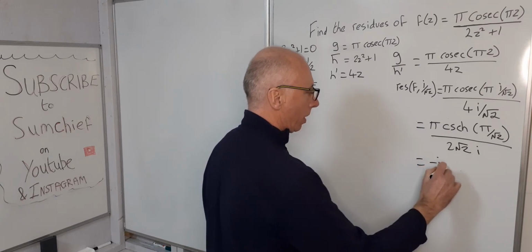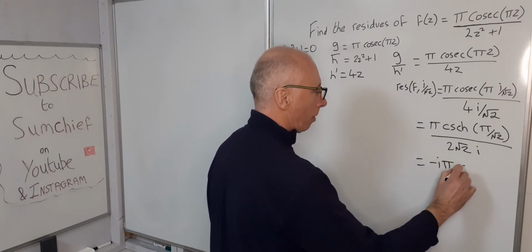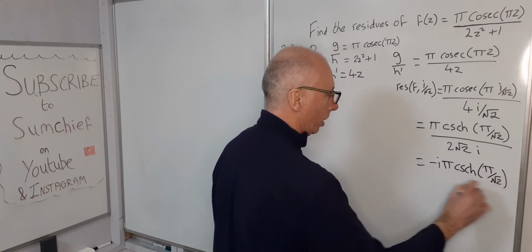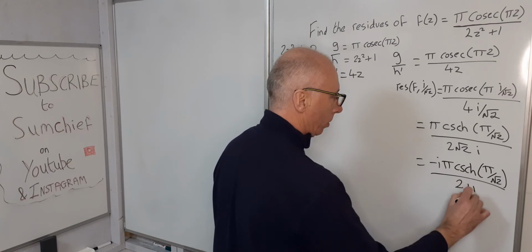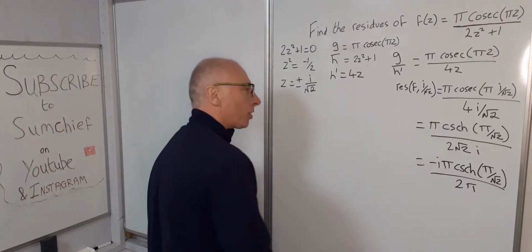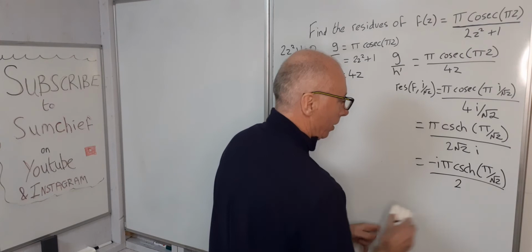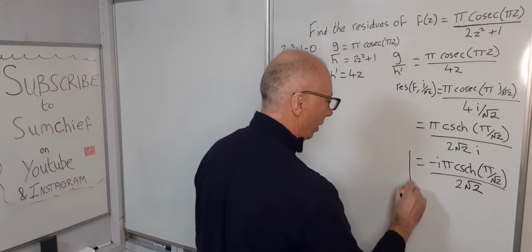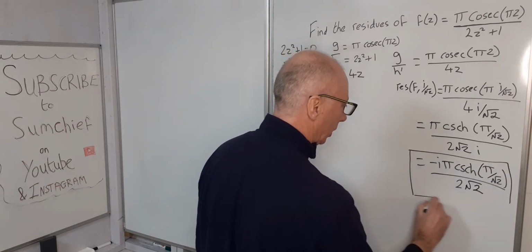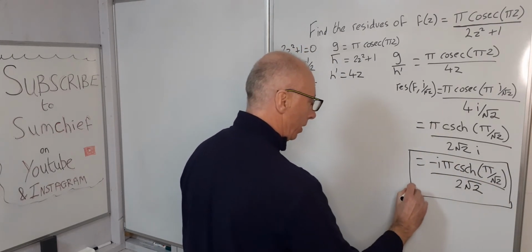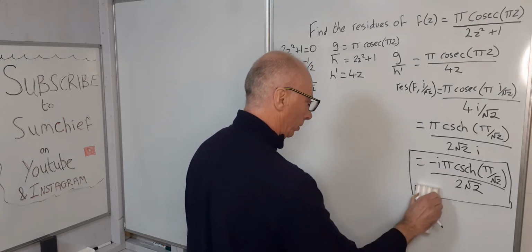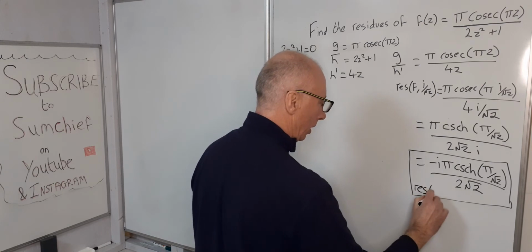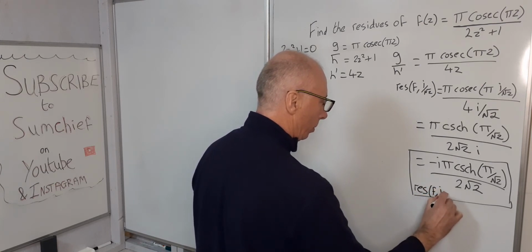So that becomes minus i pi hyperbolic cosec pi over root 2, divided by 2 root 2. Okay, so this is our first residue. Just write that down here: that's the residue of f at i over root 2.